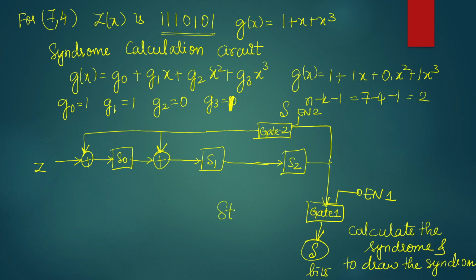So in step 1 we disable gate G1, and the division process continues till all the data bits that are received are exhausted. While doing this division process, G2 is enabled.